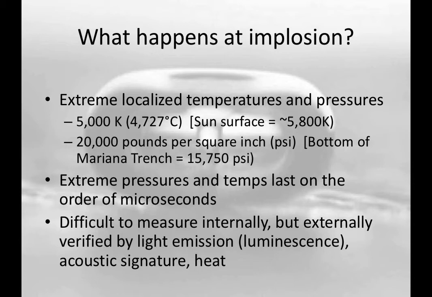So 5,000 Kelvin, the surface of the sun is 5,800 Kelvin. You're talking temperatures that are just difficult to comprehend. Pressures, 20,000 PSI is occurring within this bubble as it collapses. The bottom of the Mariana Trench, the lowest spot on the ocean that will crush every sub we've ever made, is 15,750 PSI.